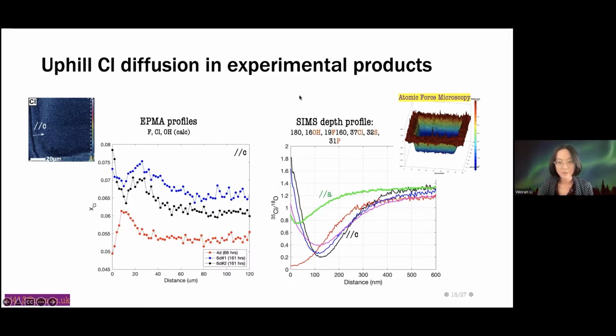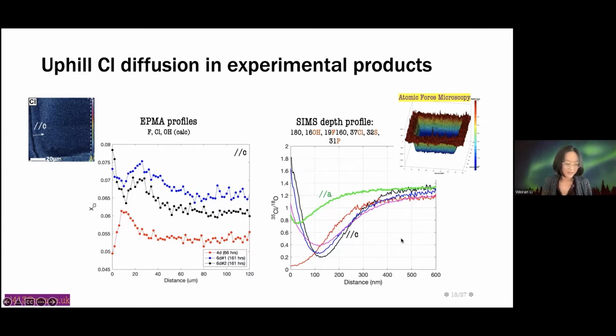Eventually we got such profiles, and the distance was converted from cycles of SIMS scanning using correction factors obtained from AFM. From these profiles, you can also see a weird chlorine concentration, which is also a sign of uphill chlorine diffusion.